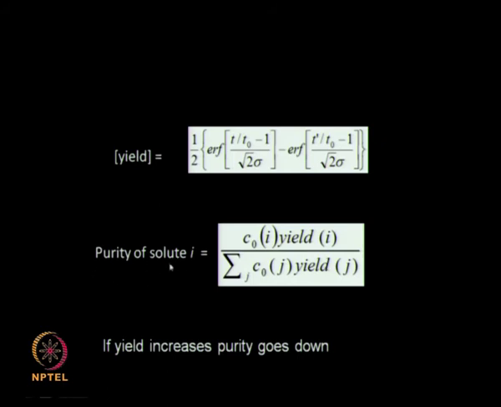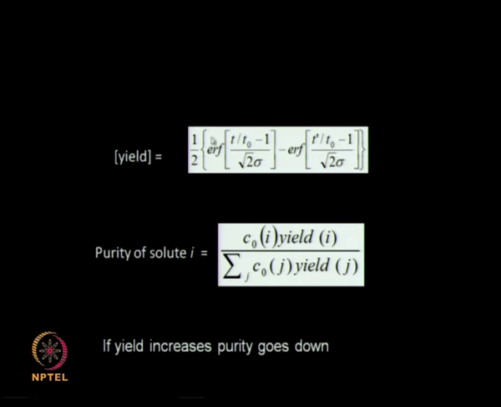So the purity of the solute in any collection pot depends on how much of component 1 and component 2 are present. If there are n components, obviously in the denominator we are going to have a summation of all these components. So if yield increases, purity will go down. If yield decreases, purity will go up. So if you want a very pure material, your yield is going to be sacrificed.